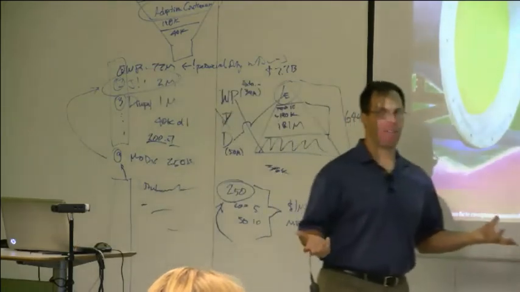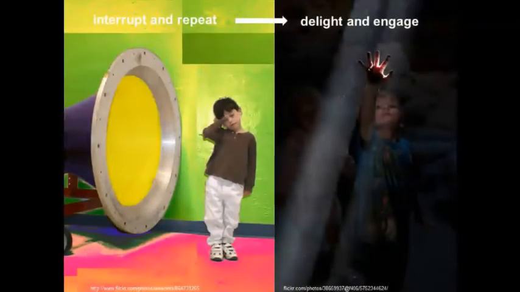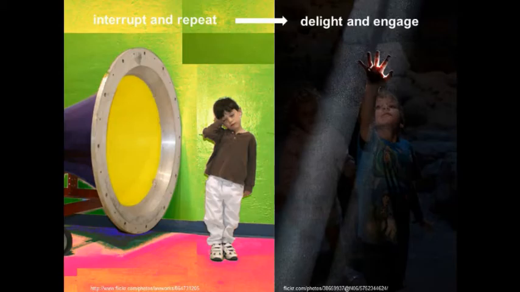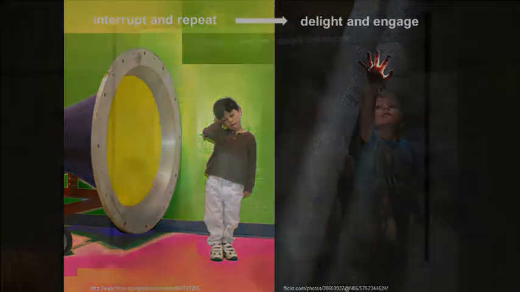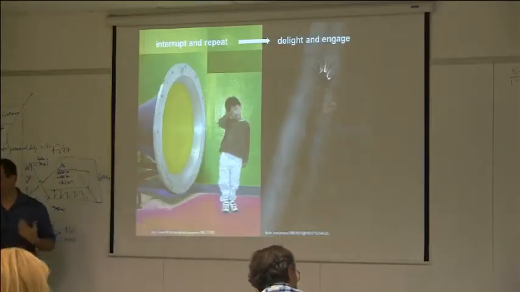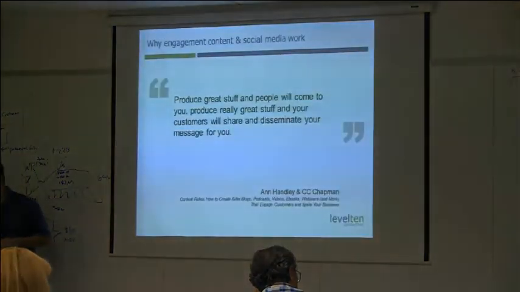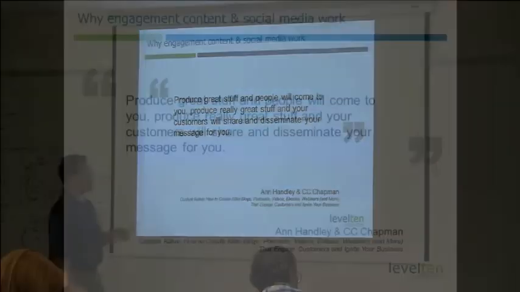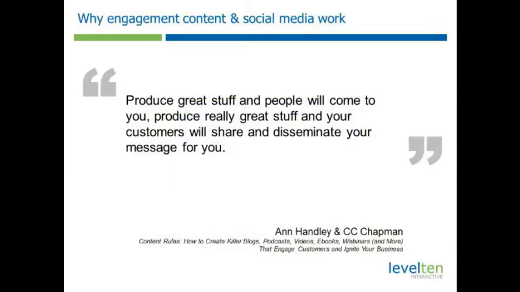How do we produce great content? Well, the traditional model of advertising is interrupt and repeat. What we need to move towards is thinking about delight and engaging. How do we write things that delight our users? And so really our goal is this. And this comes from a fantastic book. 2 books I'd recommend reading in this area. One's called Inbound Marketing.